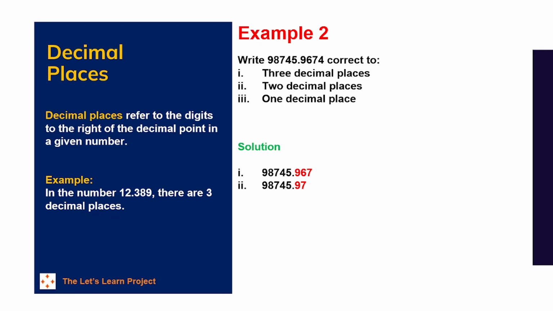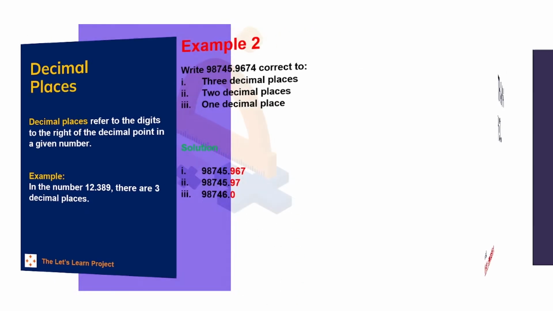So when we do that, our answer is going to be 98,746.0. So that is the reason why we have 98,746.0 as seen in the solution here.